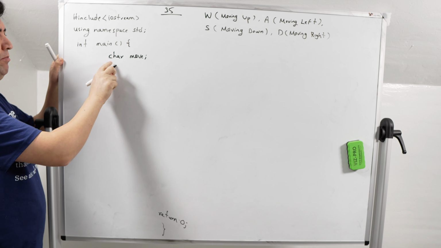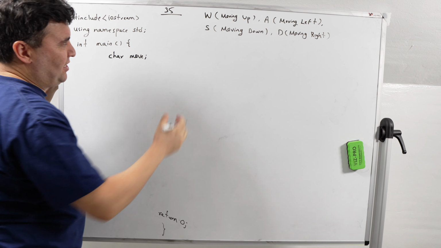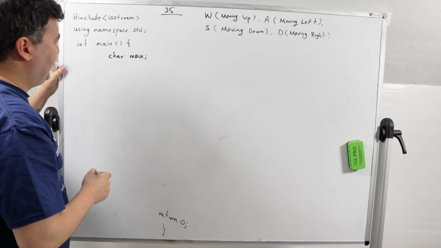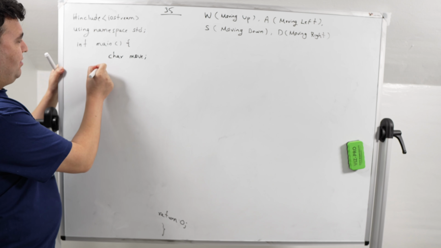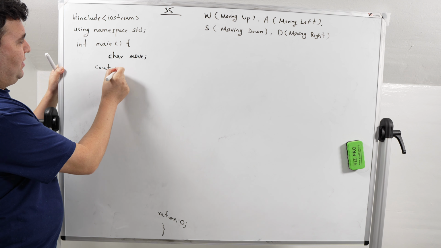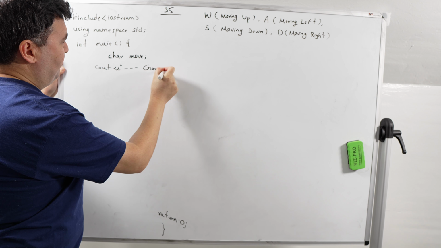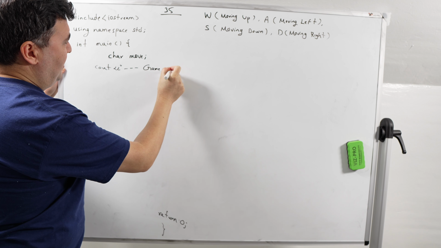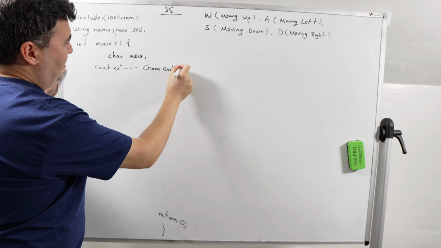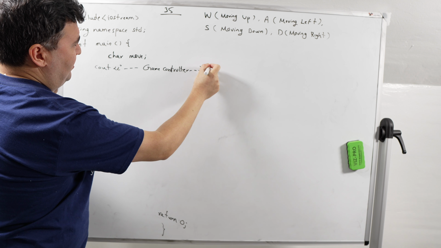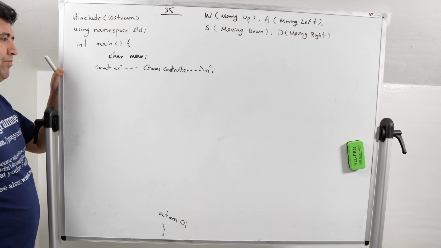I name this variable move because I need to get these characters from the keyboard, like W, A, S, D. So now I write cout, "Game controller\n"; this is a game controller program.